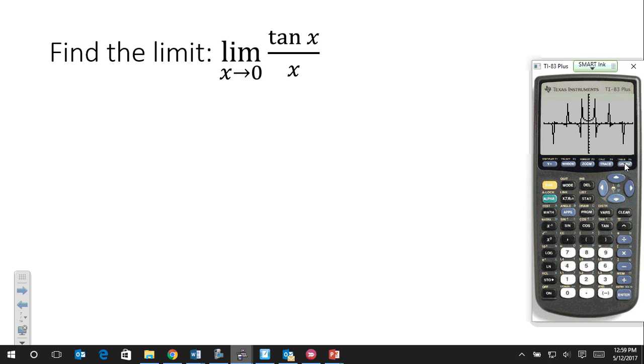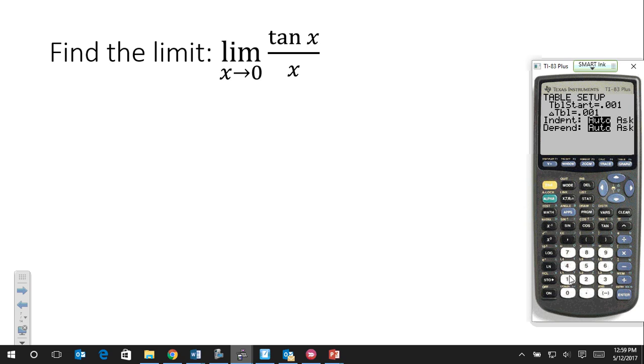Okay, so if we plug it in really close to 0, we're going to set up our table. Table setup is the second of window. And we're going to say, let's make the table be starting at 0.001, maybe. So we're really close to 0, but not quite there. And we want our change in table, our delta table, to be 0.001, maybe.